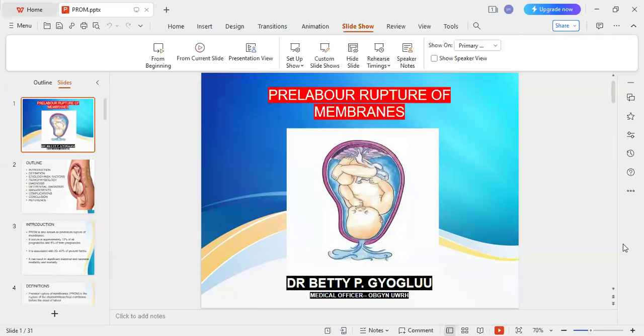If the interpregnancy interval is very short, well, some books say 12 months, others 18, and others even say 6 months. So if the pregnancy interval is short, this woman will not be allowed to undergo a vaginal delivery.